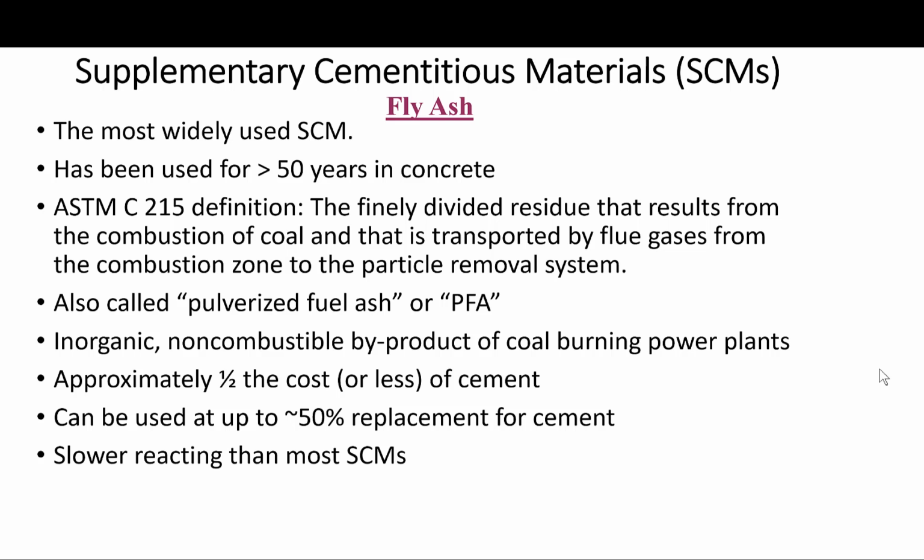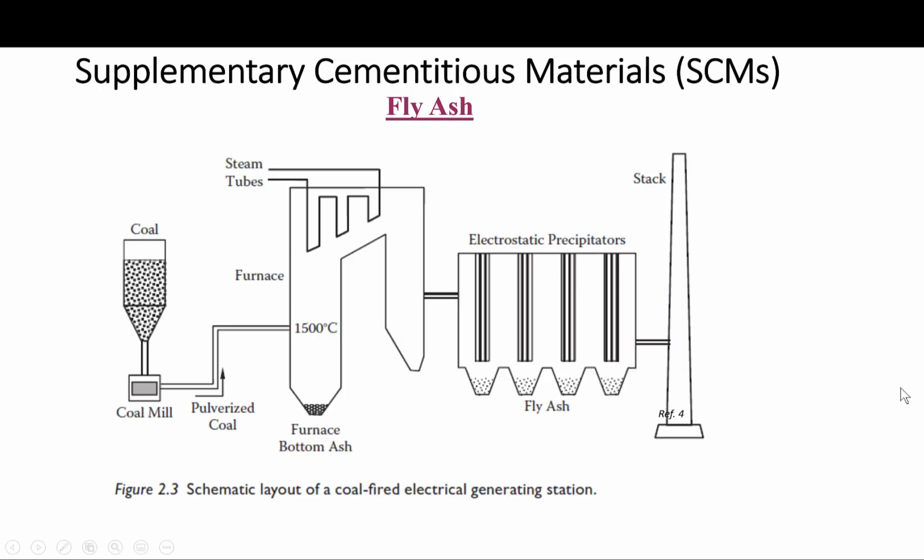So basically the molten particles are swept out of the furnace. Let's go to this slide. Here is the furnace. The molten particles are swept out with the stack gas and collected by electrostatic precipitators after cooling right here.